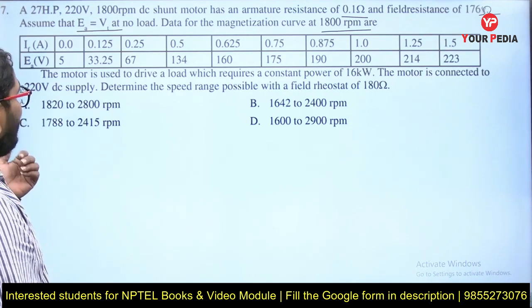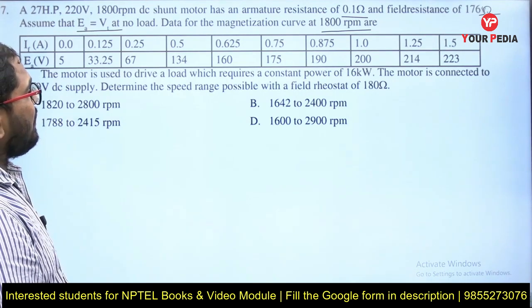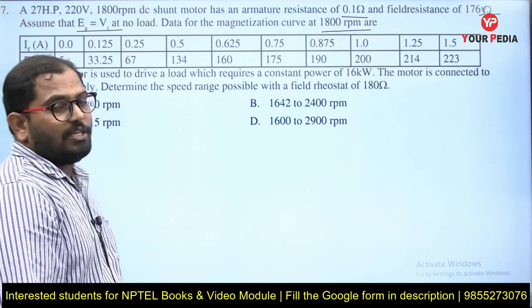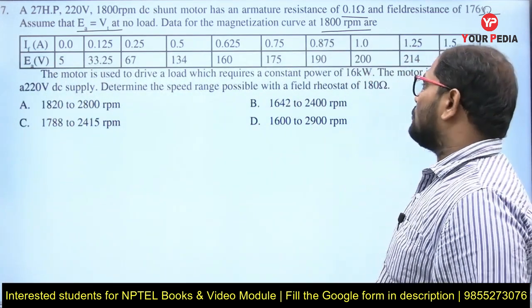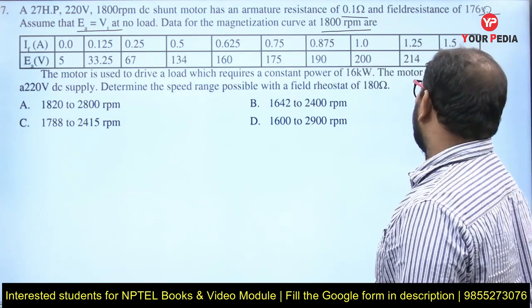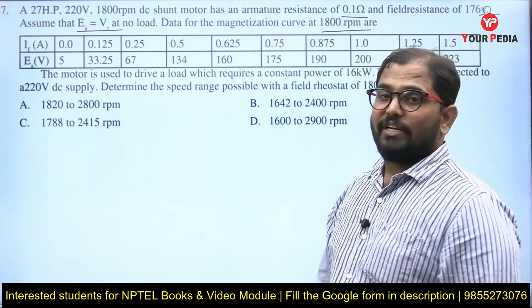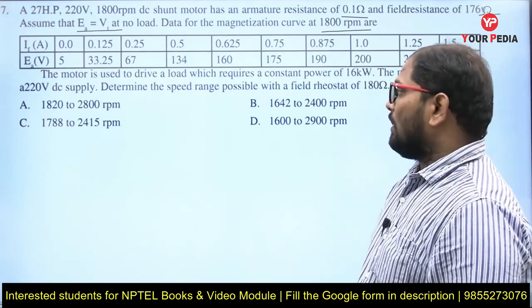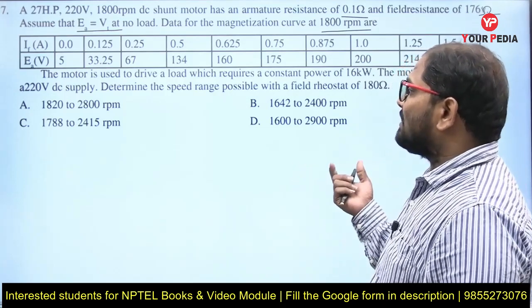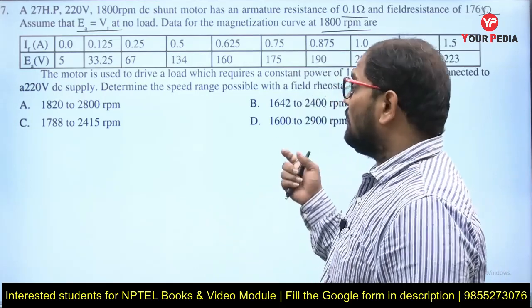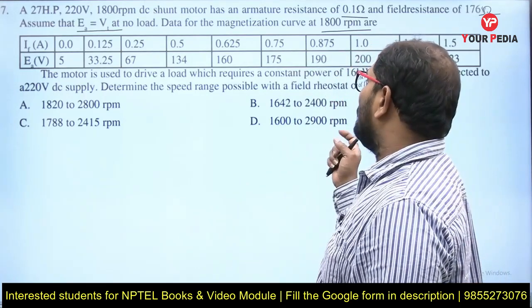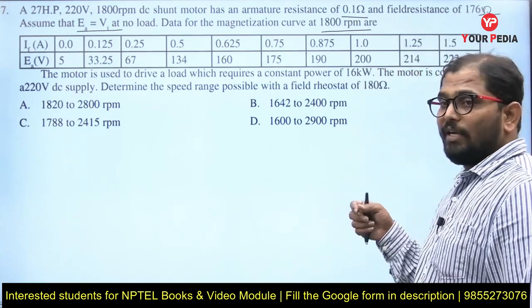Now the motor is used to drive a load which requires a constant power of 16 kilowatts, and the motor is connected to a 220 volts DC supply. What we need to calculate is to determine the speed range possible with a field rheostat of 180 ohms.